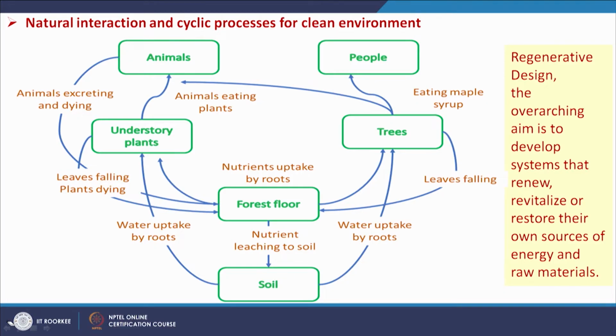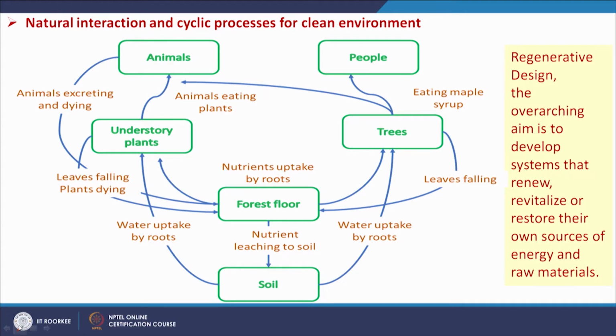After the growth of human beings and other animals, the dead biomass comes into the environment, from where again the nutrients enter into the soil as shown in this figure. So, here are trees and plants, people and animals are taking food from them and growing, and after that it again comes to the forest floor.